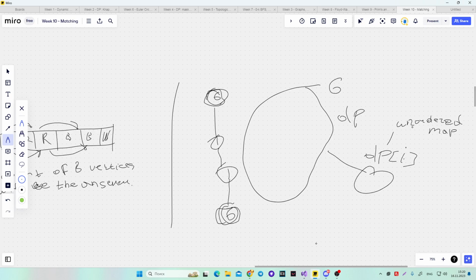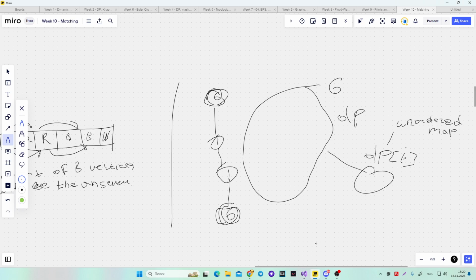An ordered map. It can be just an ordered map, and we consider the last two. No, that's bad. That is bad.